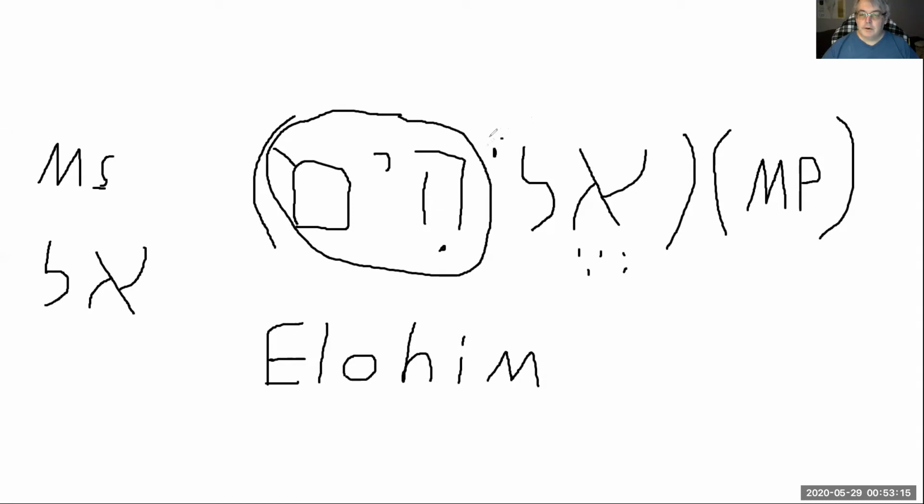And here you see the holam with no vav under it. So you see that holam without a vowel carrier. And you see L in the beginning. And this vowel, it's really one vowel. Technically, it's two vowel markings. But what the shva does, remember the shva is a short vowel.